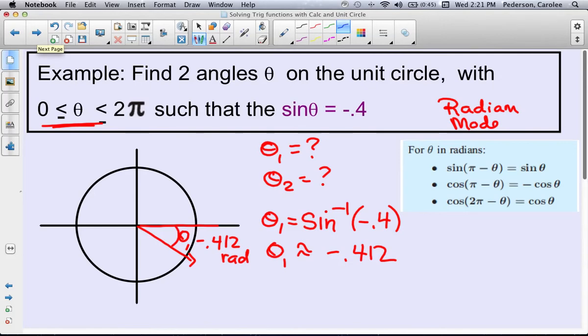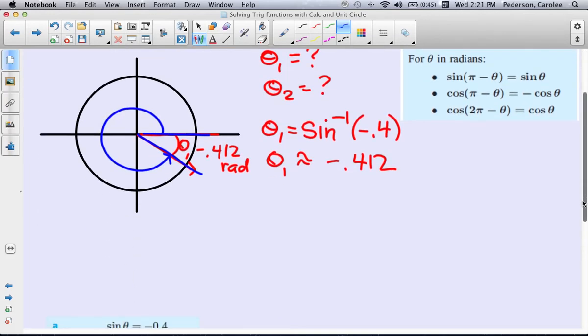So if here is something coterminal, it would start at 0, it's going to wrap around and finish at that terminal side. So to find now that blue angle, we'll call this theta 2, you would take your total revolution of 2 pi and subtract out this little piece right here of 0.412.